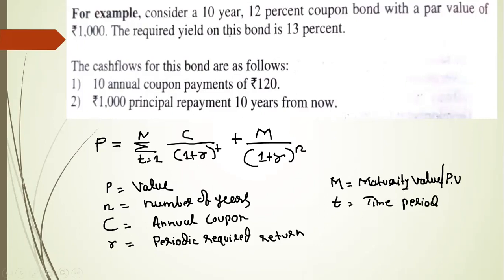So this is the formula to be used for calculation of the bond, or else we can use the shortcut formula, the same formula simplified. You can use whichever you prefer.